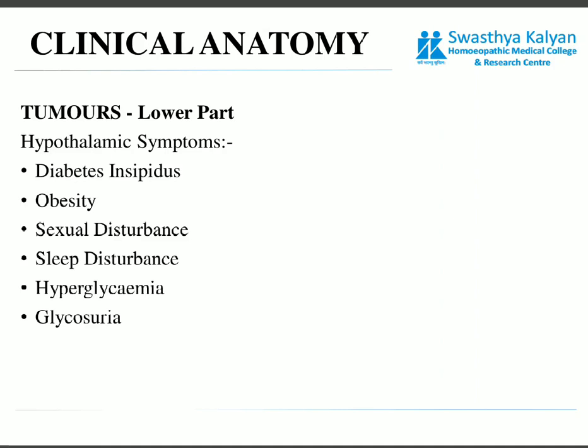It regulates the sleep and wakefulness cycle. It regulates the secretion of various gonadotropic hormones, plays a role in the development of secondary sexual characters, and regulates various neuroendocrine functions. So if there is any compression in this area due to tumors, then these symptoms can be produced.